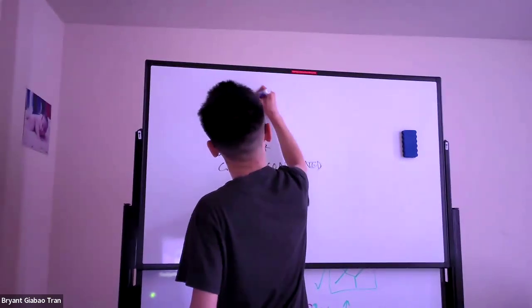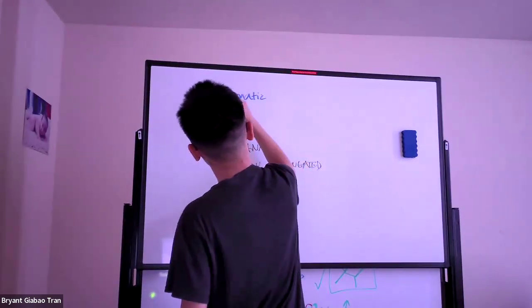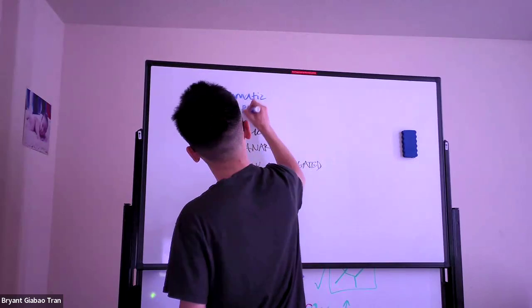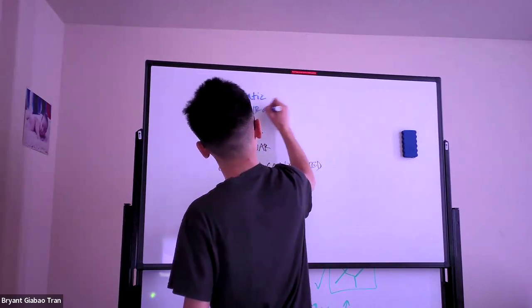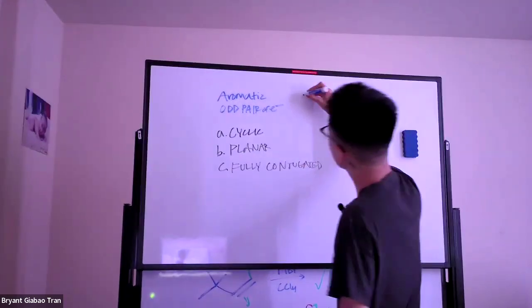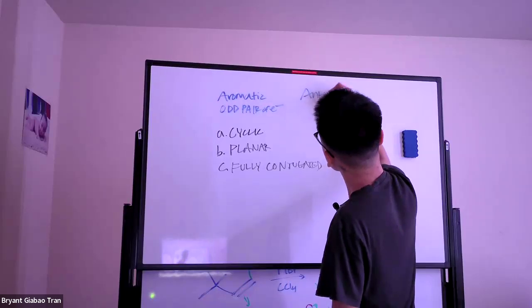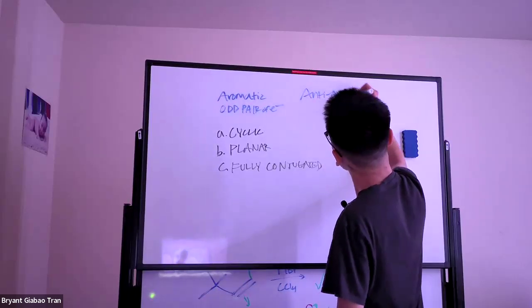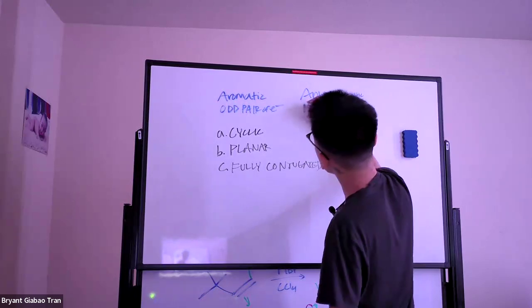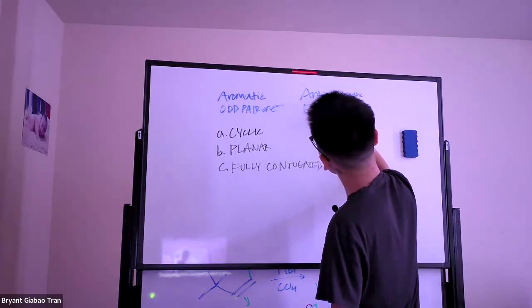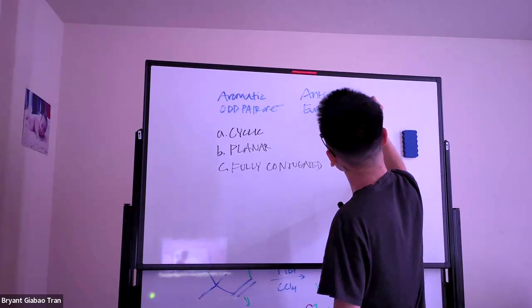It's going to be aromatic if it has an odd pair of electrons. It's going to be anti-aromatic if it has an even pair of electrons.